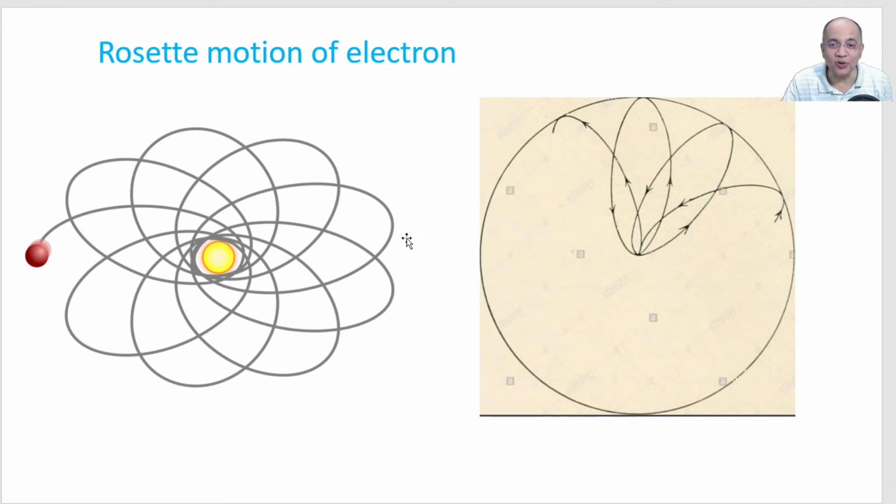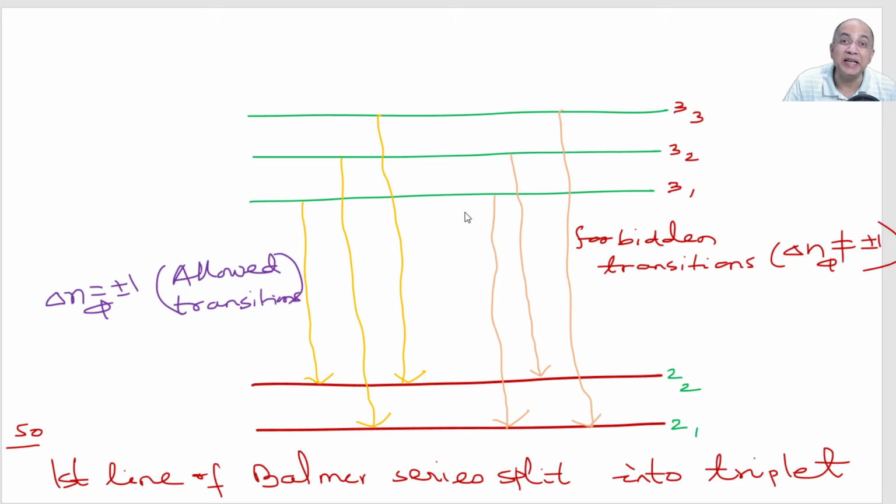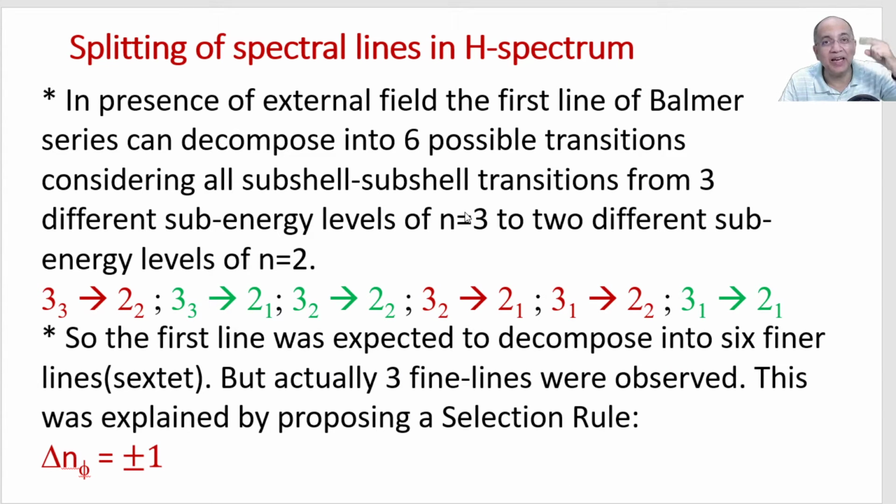Right? Now let me explain how at that time he explained the splitting of a single line in the spectrum, say the Balmer series. The first line of the Balmer series is due to the transition of an electron from the third shell to the second shell. One line, but in the presence of an external electric or magnetic field, they found multiple lines, a multiplet.